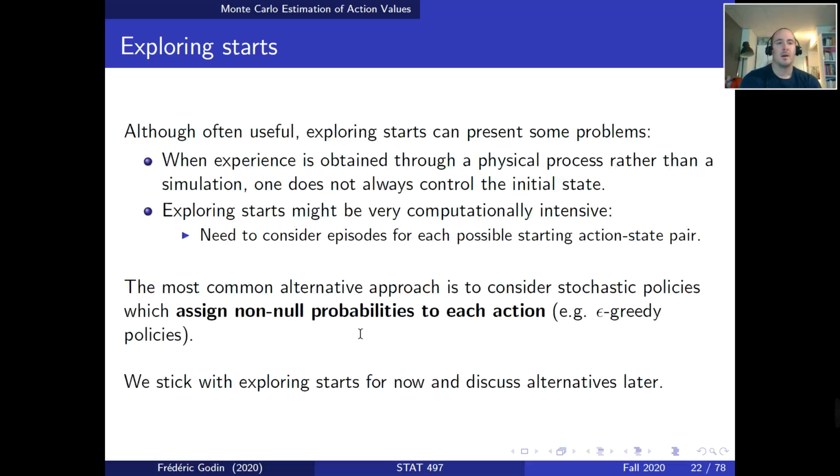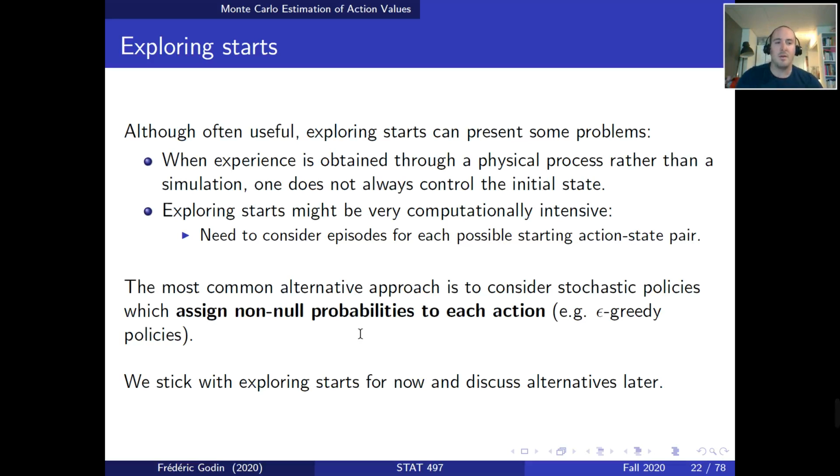So you might say, okay, this solves our problem. Then we can estimate systematically q pi (s, a) for all combinations of state s and action a. But there are problems associated with this method.